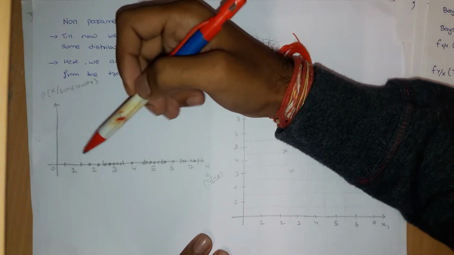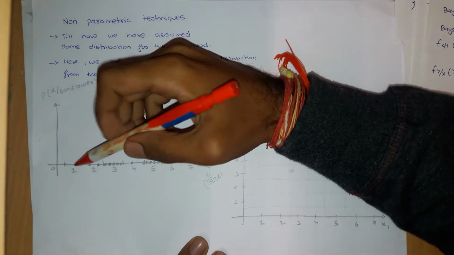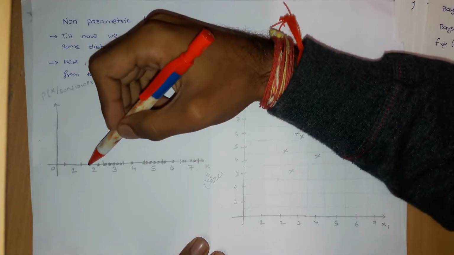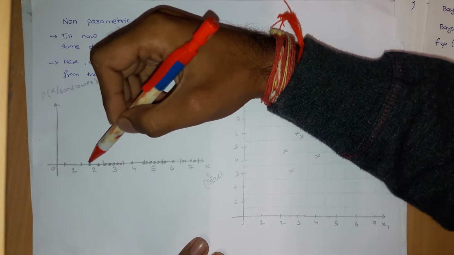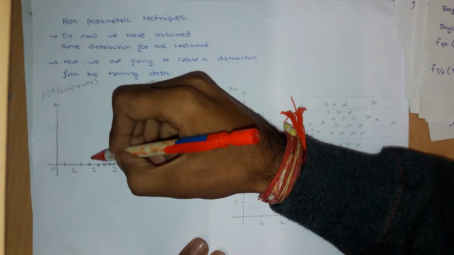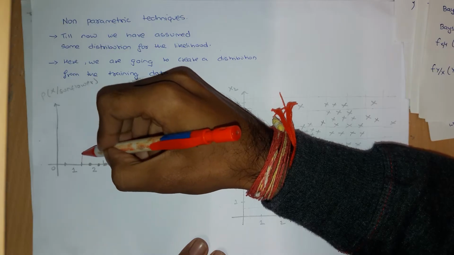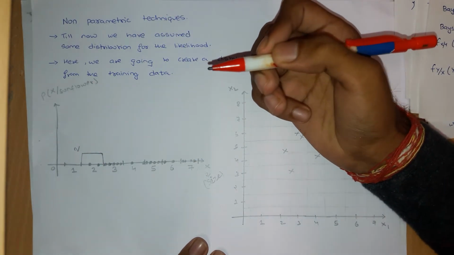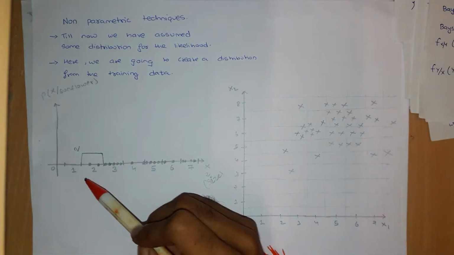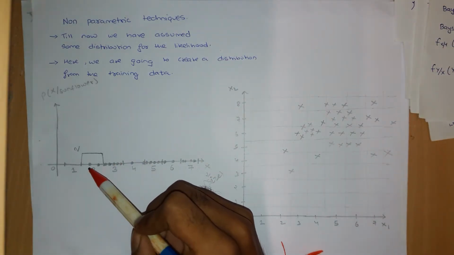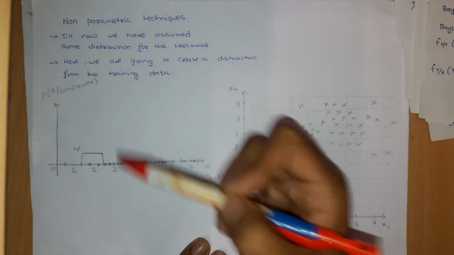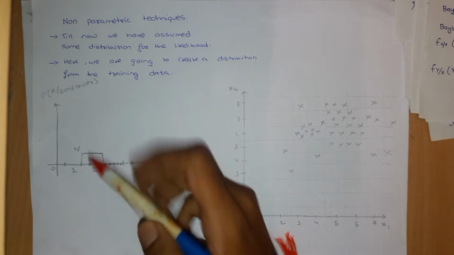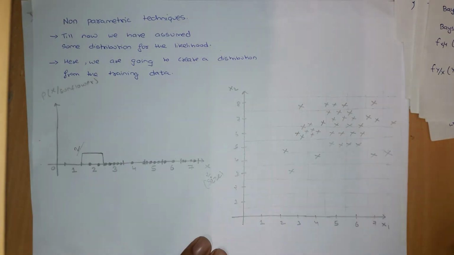Next I am seeing what samples lie in the classes. Here you can see there are no samples in class 1, so this will be 0. Here you can see that there are 2 samples, so I'll give this some weight of, say, 2. What it is going to be is the probability. The probability of any sample lying in this range is 2 upon the total number of samples.